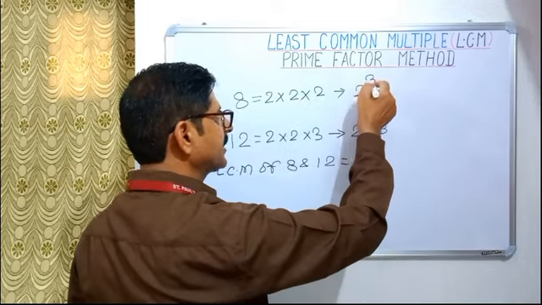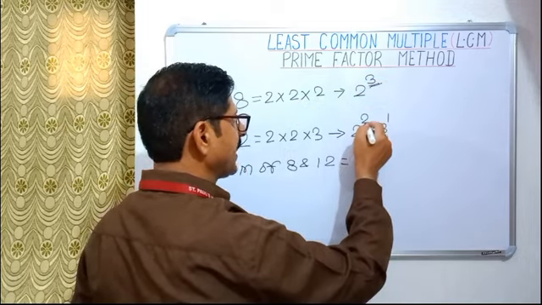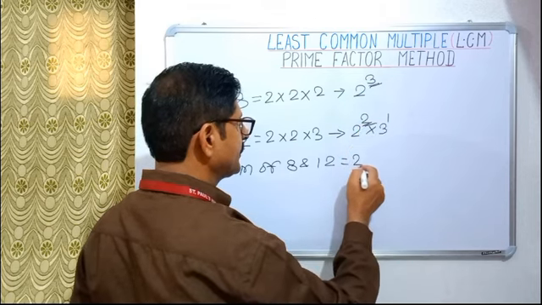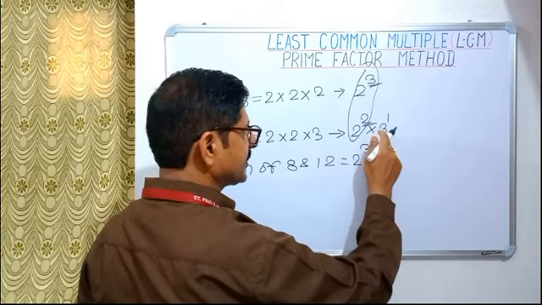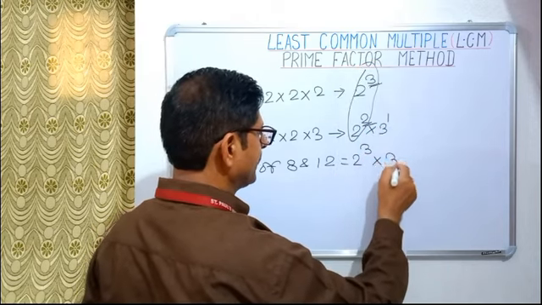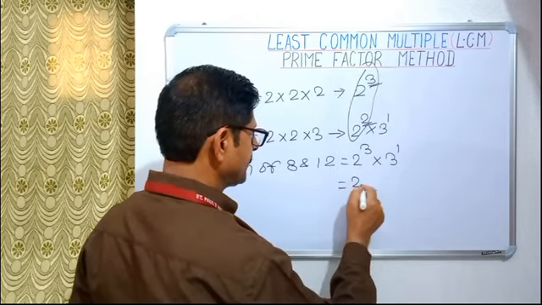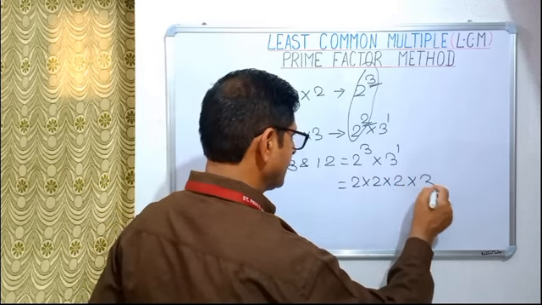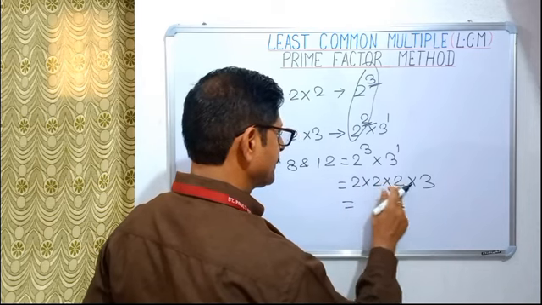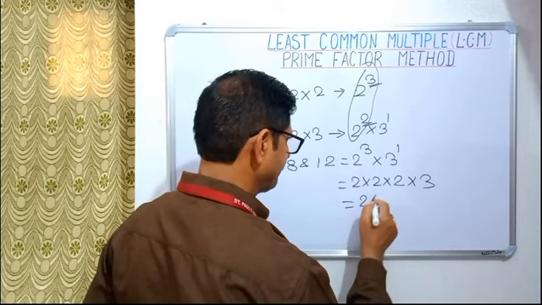Here it is 3 times and here it is 2 times. So we will take 2 three times and the other 2s are gone. Now remaining is 3, 3 is 1 time. Now solve it. 2 into 2 into 2 into 3, that is 2 2s are 4, 2 4s are 8, 3 8s are 24.